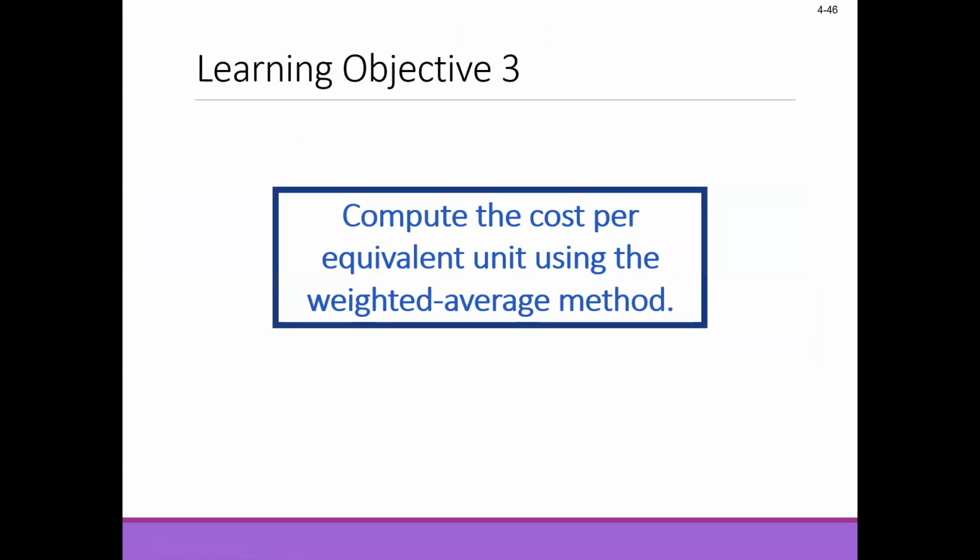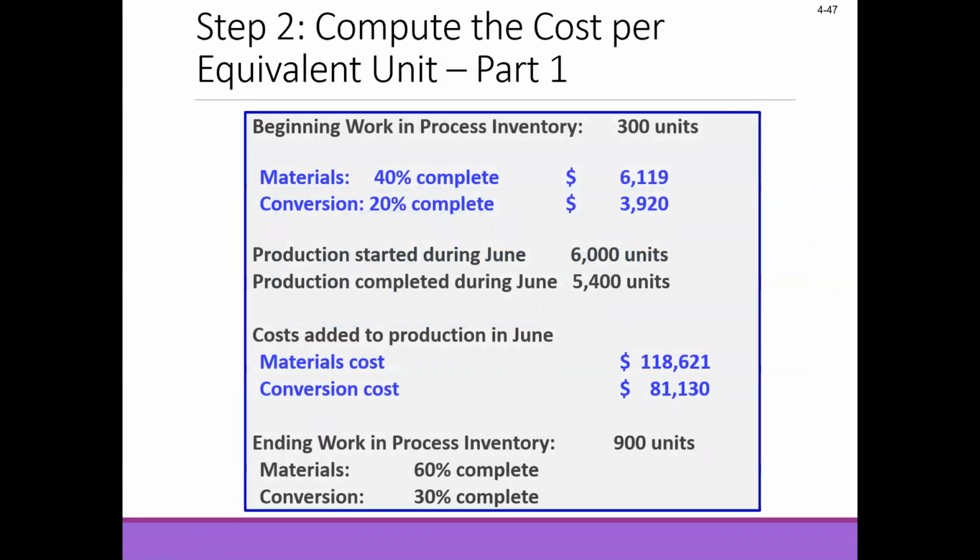Next, let's compute the cost per equivalent unit using the weighted average method. So if we begin work in process with 300 units, showing materials are 40% complete and conversion is 20% complete, and then we started 6,000 units, but we completed 5,400 units during the month of June.